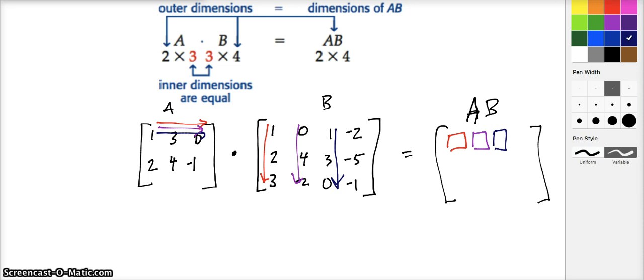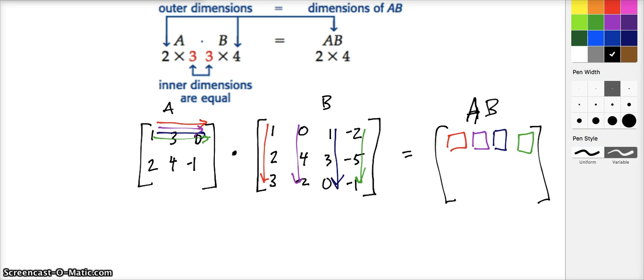And then you multiply these together, and that product sum is going to go right here. Then we do it all over again.